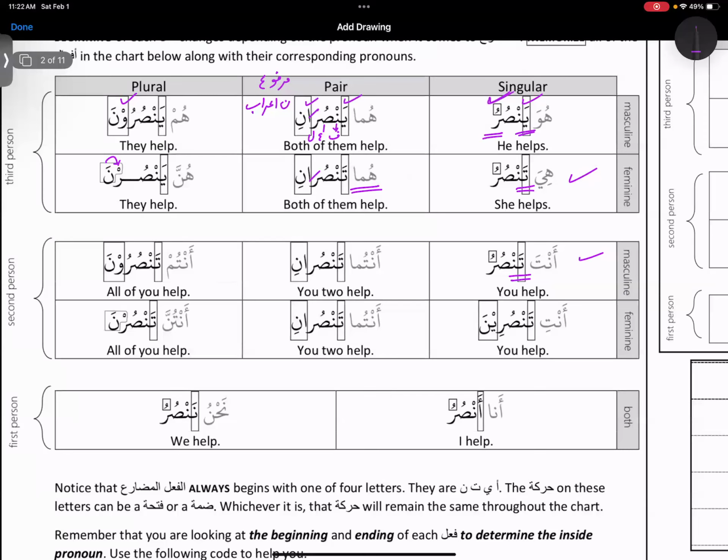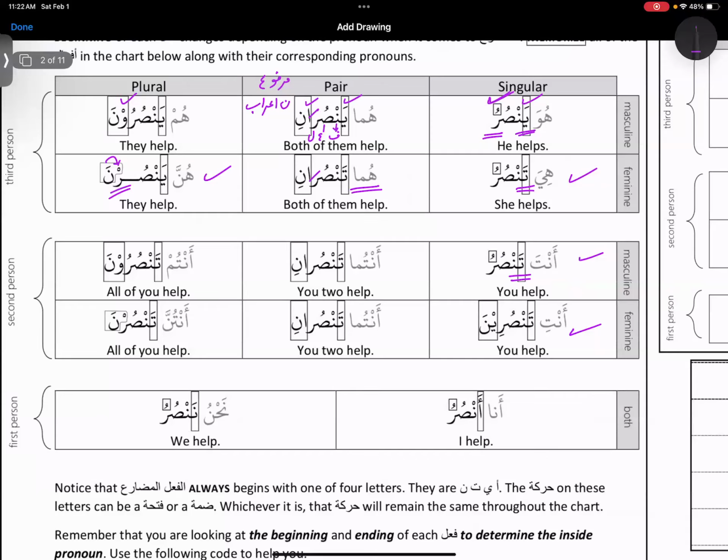Over here, this is unique. Hunna is unique, and now we see anti. So anti is taking a kasra, which was not happening in other sigas. This is the only siga in mudari when anti comes where the lam kalima takes a kasra: tansurina. It's a very important point.